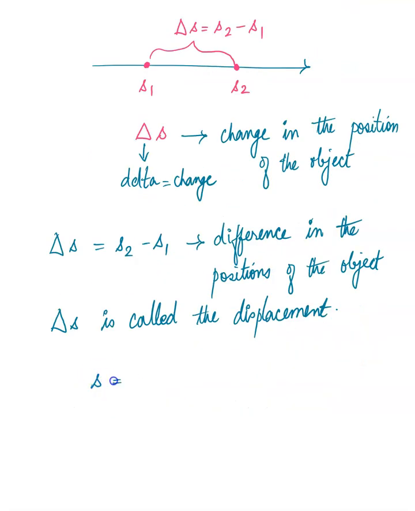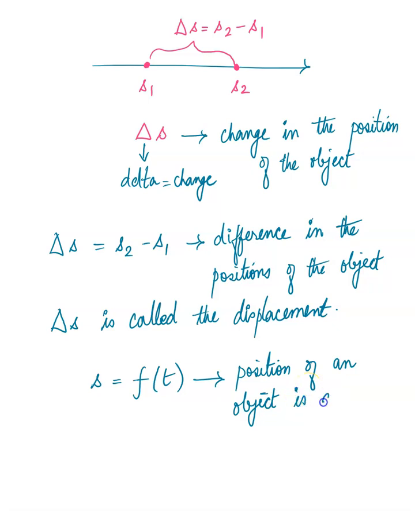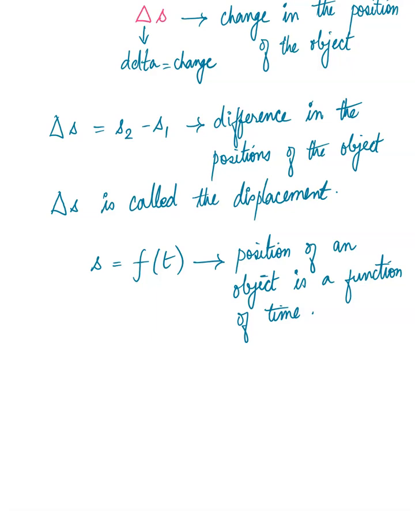So S is usually a function of time, f of t. So let me write that out here, that the position of an object is a function of time. This is typically the way we write the function.